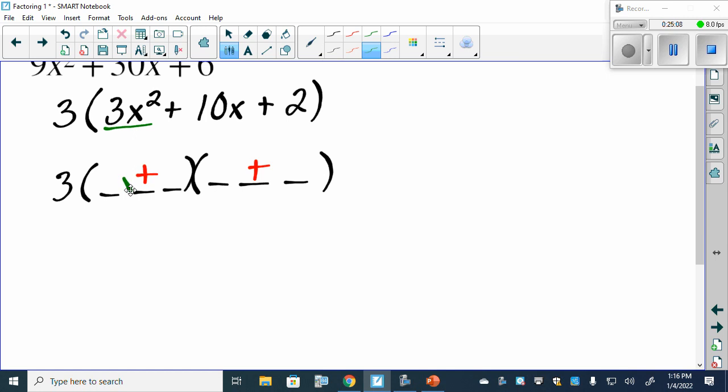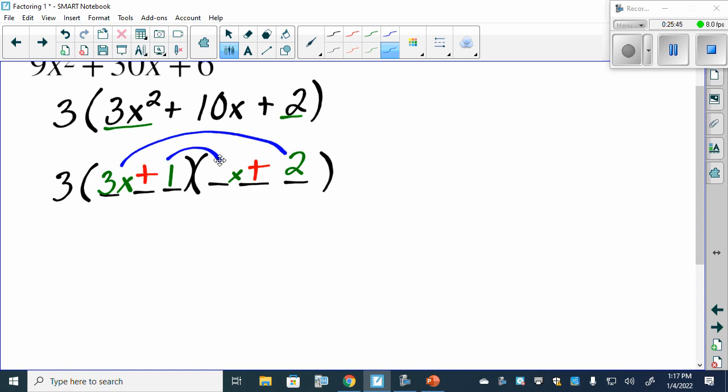Factors of 3x squared, well, we know we'll have x, and we'll have 3x and 1x, because the factors of 3 are only 3 and 1. Now we also have the factors of 2. I'll just put it down as 1 and 2, because 2 only has one set of factors. And we'll delve into more of these, where the first term actually is x and 3x, where we have different factors tomorrow. But we'll look at this one here specifically.